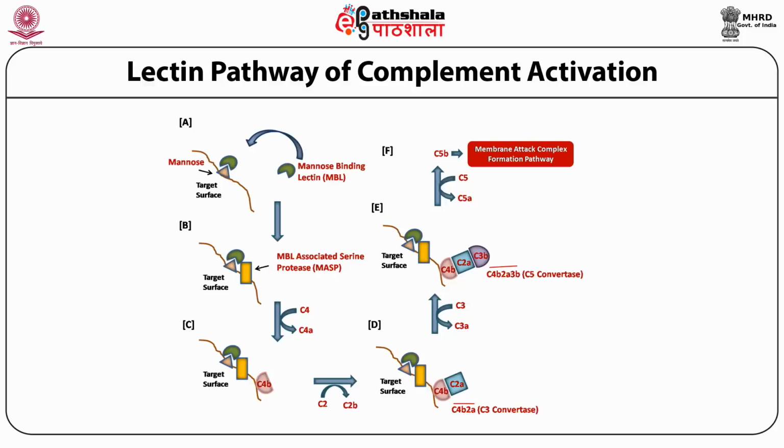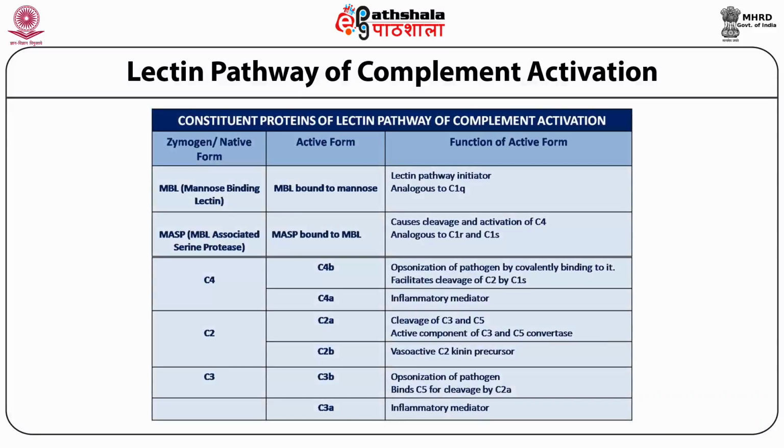MBL binding leads to binding of MBL associated serine protease, that is MASP, which further cleaves and activates C4. MASP is structurally similar to C1r and C1s. The rest of the mechanism is similar to the classical pathway for generating C3 and C5 convertase, leading to membrane attack complex formation. Here you can see the various proteins involved in the lectin pathway of complement activation.